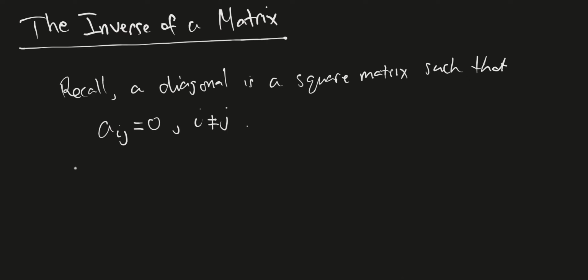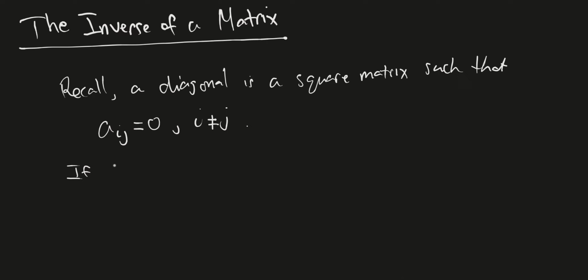So in addition to saying what has to happen when you're not on the main diagonal, if we put a special restriction on the entries that are on the main diagonal, then this is the matrix that we're about to define, and we'll see why it's significant.